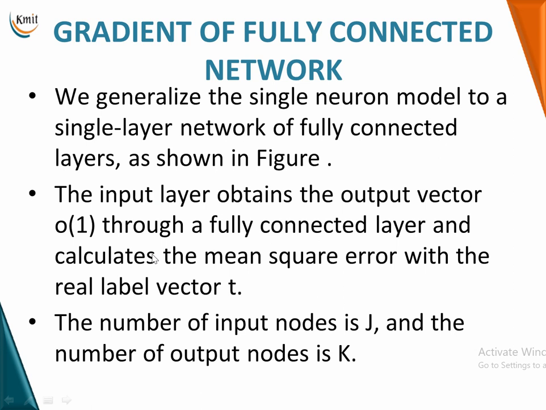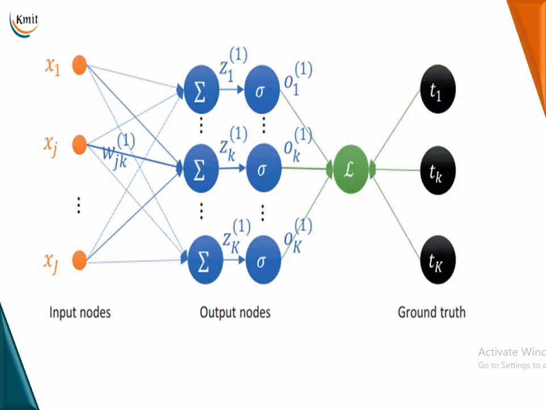So, gradient of a fully connected network can be calculated when we generalize our single neuron model. Okay, so we generalize the single neuron model to a single layer network of fully connected network as shown in the figure. So this is the figure. You can see here very carefully what we have done previously.